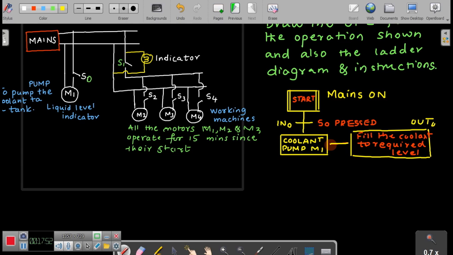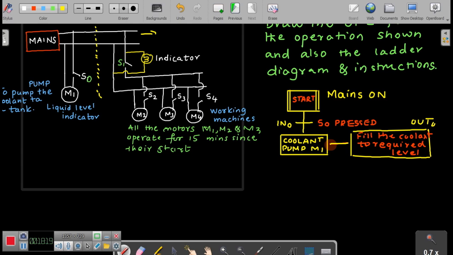Now from there I am coming to the other side. Please look here. What will be my next step here? Upon receiving the signal from the level indicator, I will turn on my switch S1.